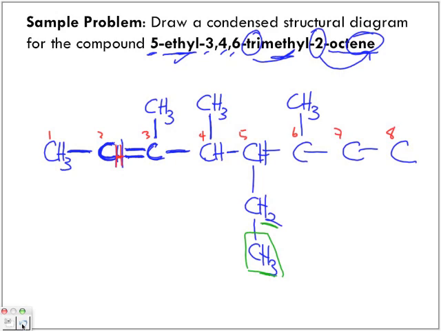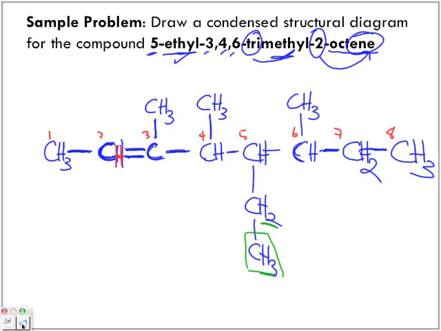Next one, 3 bonds. It has room for 1 more hydrogen. Next one has 2 bonds, right? So it has room for 2 hydrogens. And the last carbon, since it's bonded only once, has room for 3 hydrogens. So here is, although rather messy, an example of a condensed structural diagram for 5-ethyl-3,4,6-trimethyl-2-octene.